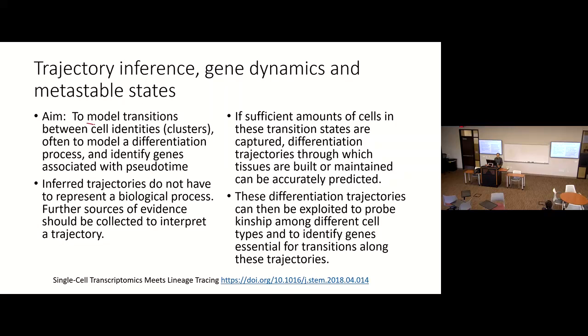So the purpose is to model the transitions between cell identities or cell states, to model or simulate the differentiation procedures. And after you build these trajectories, you can start to look at the genes, see which ones follow this, which ones go against that, which ones change expression dramatically in the middle of the trajectory.